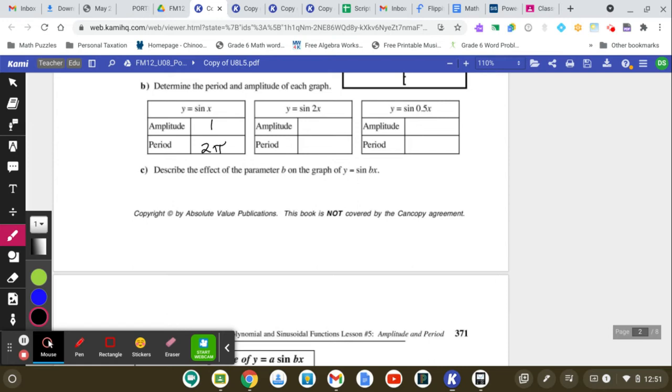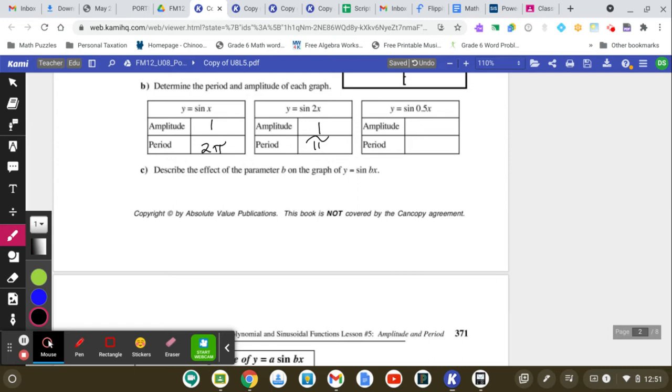So my amplitude for this y equals sine 2x is still 1. But what about the period? Did that change? Yes. Now the period is just pi. It completed them faster.